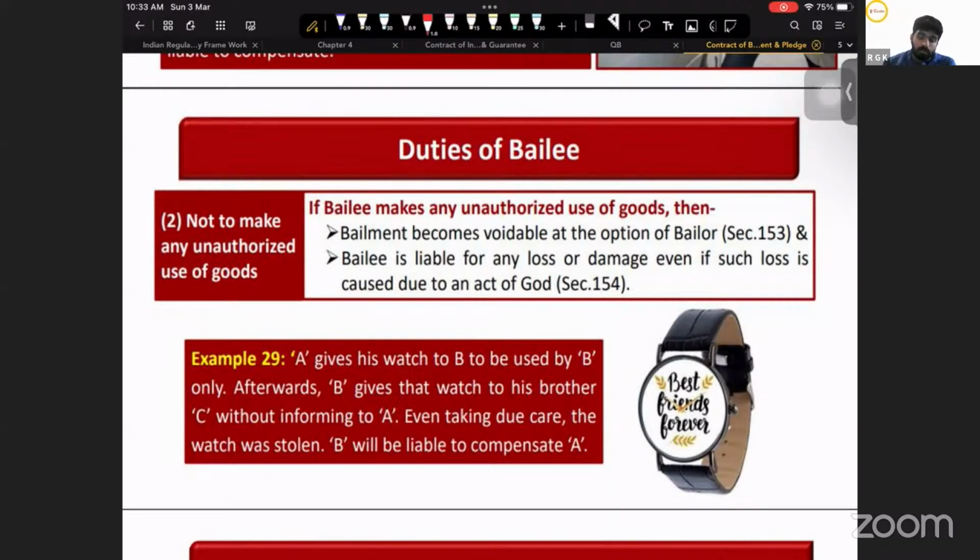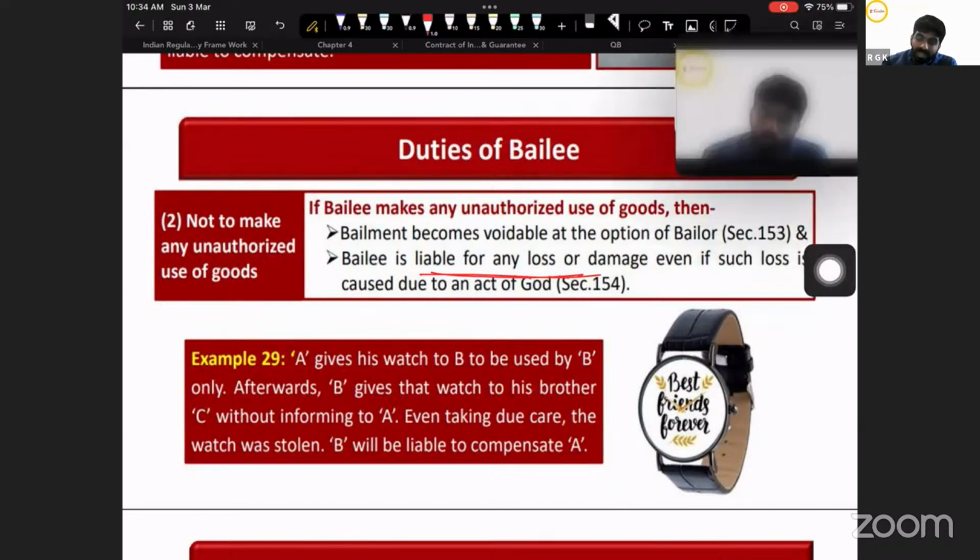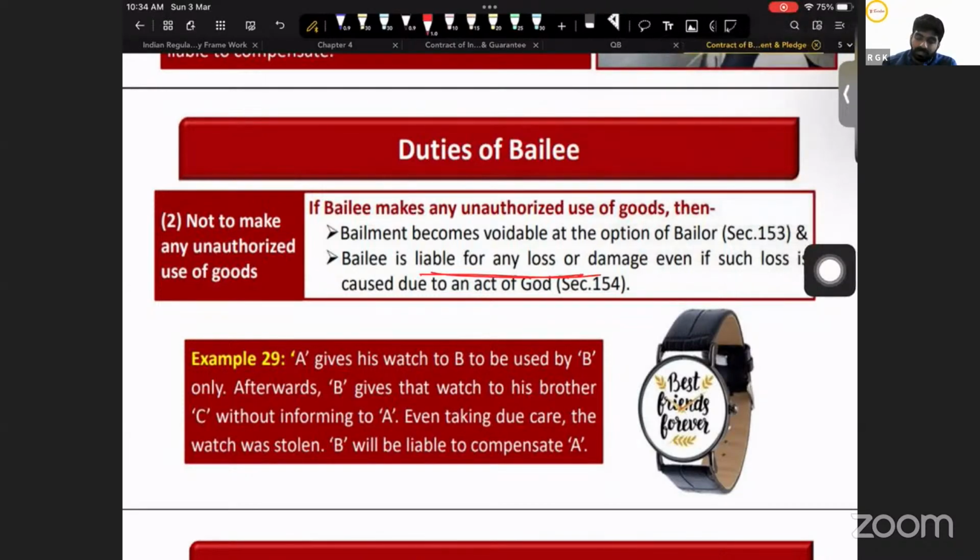And along with that, bailee is liable for any loss or damage, even if such loss is caused due to an act of God. If the unauthorized usage is there, then who does the act or how the particular loss happens becomes immaterial, and bailee shall be held liable for the loss caused due to unauthorized usage.